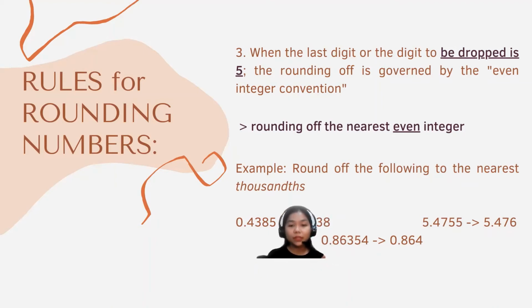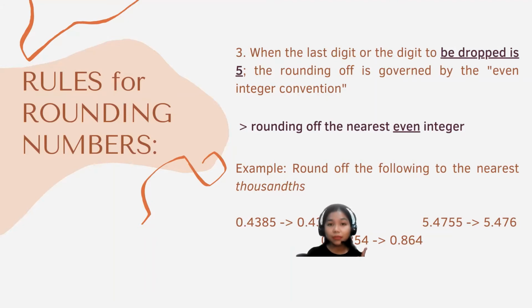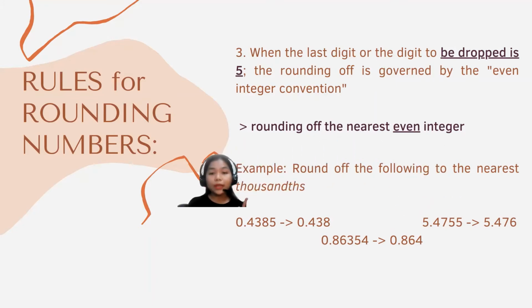Let's try to identify the place value. 0 is ones, 0.8 is tenths, 0.06 is hundredths, 0.003 is thousandths, 0.0005 is ten-thousandths, and 0.00004 is hundred-thousandths. So we're only required to round to the nearest thousandths.